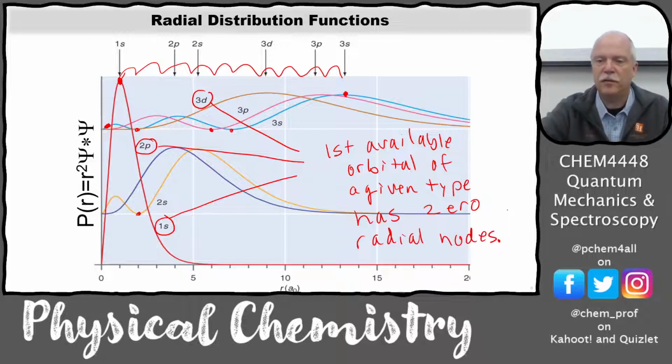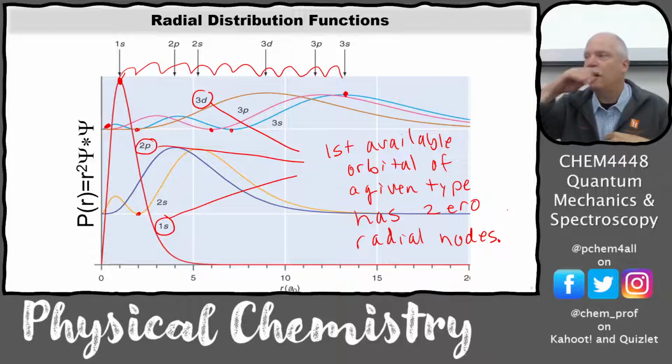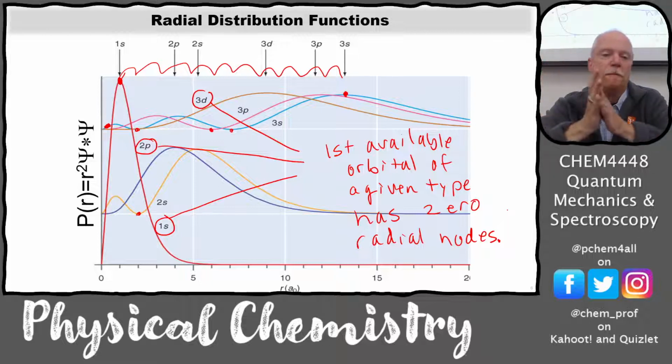Does that make sense? Do you understand all the pieces? The first available orbital of a given type has 0 radial nodes. You don't see the radial nodes in our drawings, and so this is just something you have to know, okay?